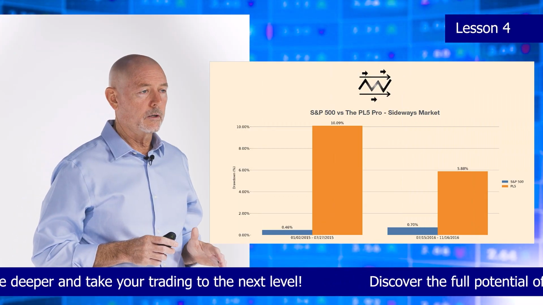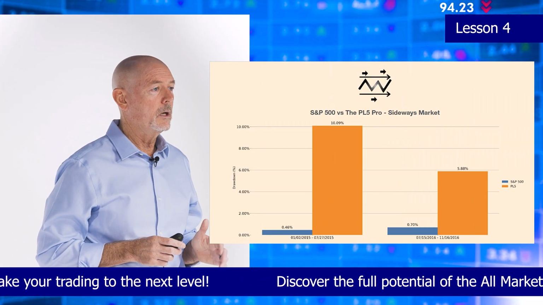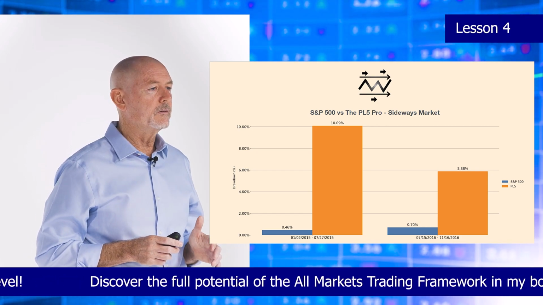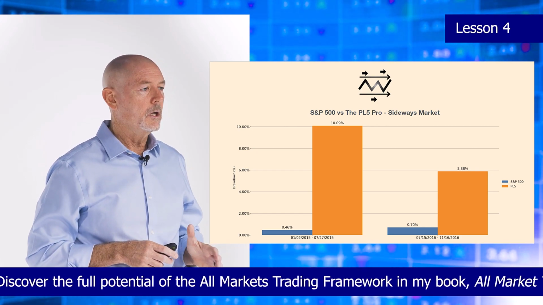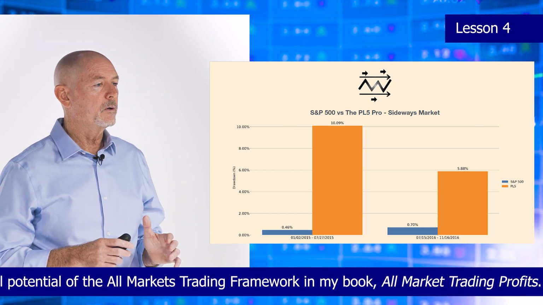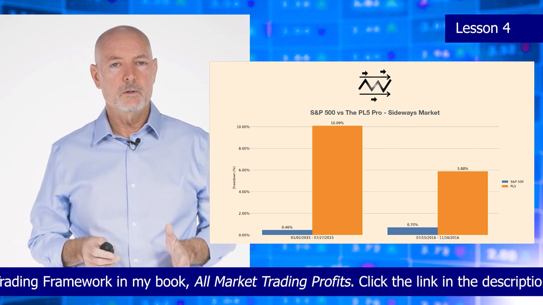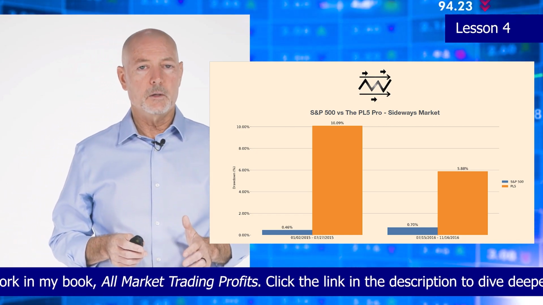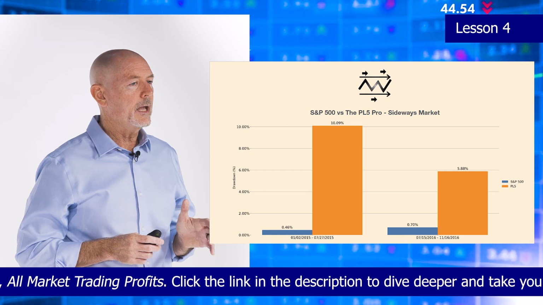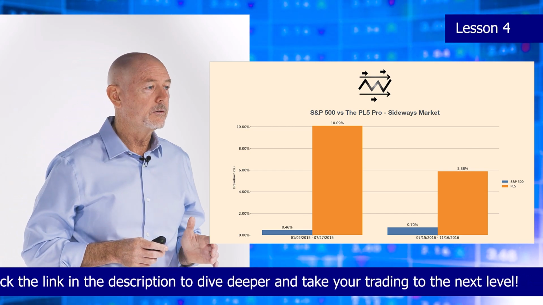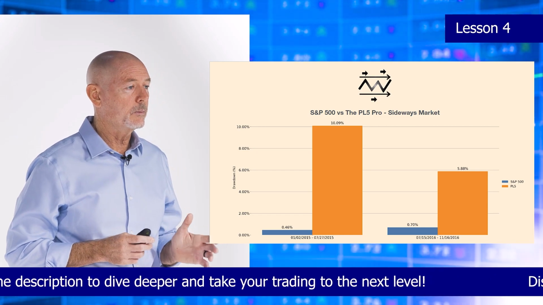A sideways market occurs when prices fluctuate within a narrow range without a clear trend. An example of this is the first half of 2015, when the market stayed within a 4% range. During this period, while the S&P 500 barely moved, the AMP strategy gained over 10%. This is because the AMP thrives in sideways markets due to its non-directional setup and positive theta exposure.